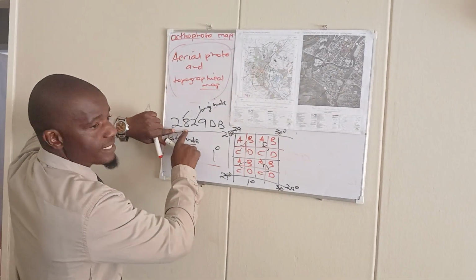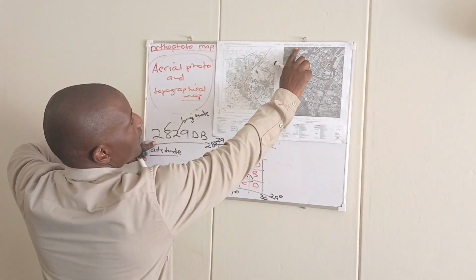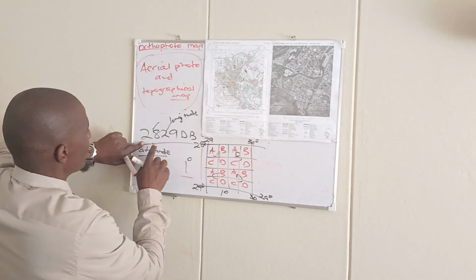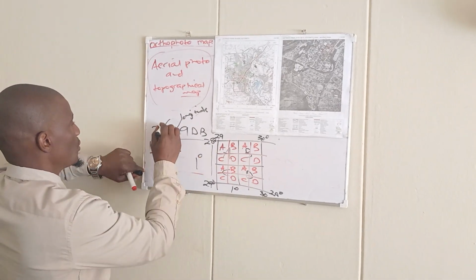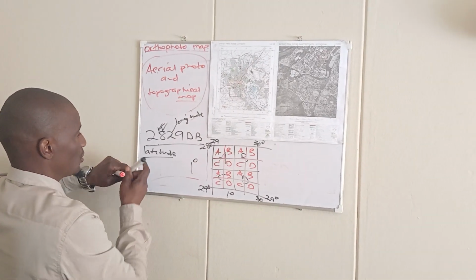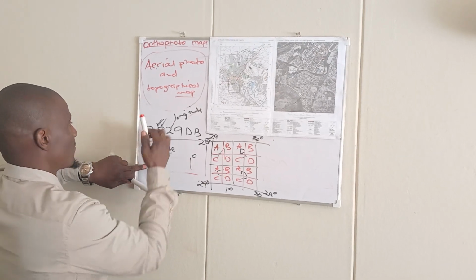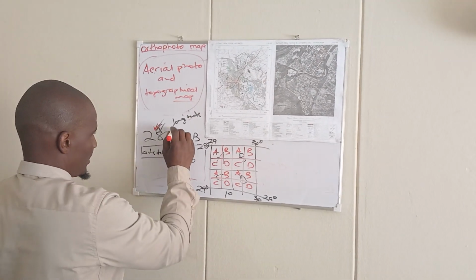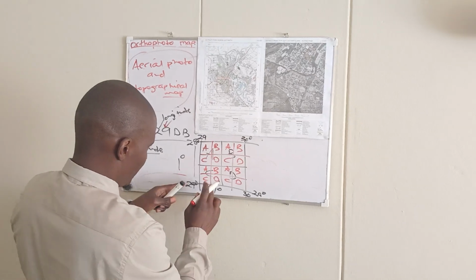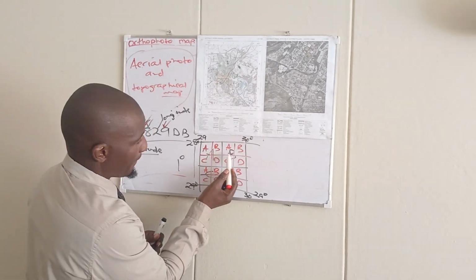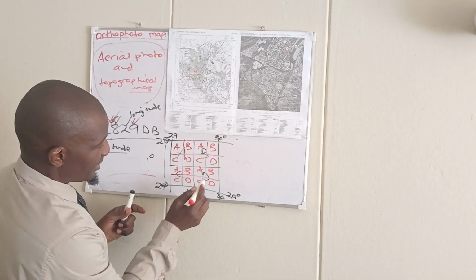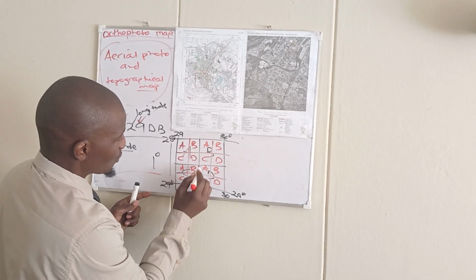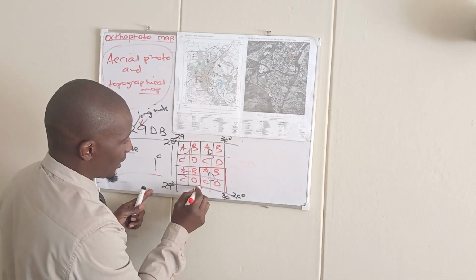So if you want to understand what we have here, which is 28, 29 dB, 28 stands for our latitude and 29 our longitude. D is the bigger block, which refers to this bigger block.